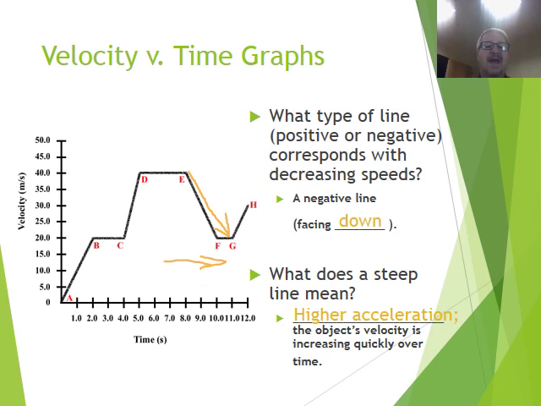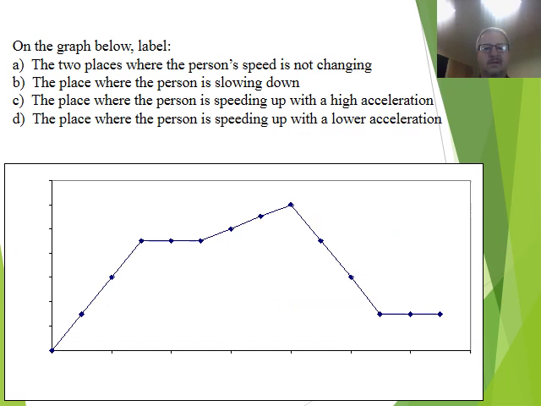Or conversely, it'd still be higher acceleration, but the object's velocity would be decreasing quickly over time. So the steeper the line, the more quickly the object is either speeding up or slowing down.